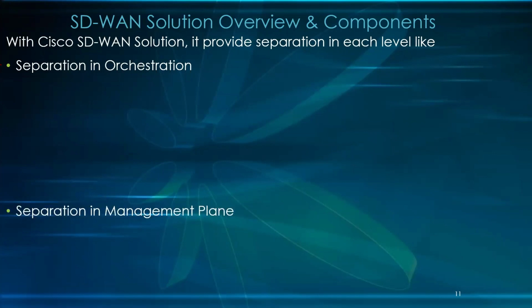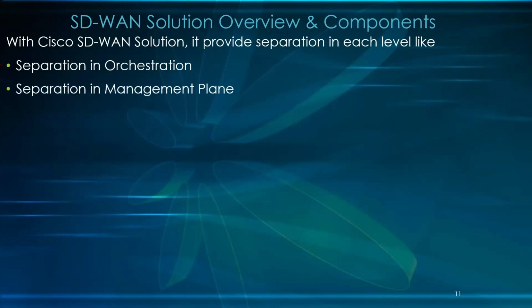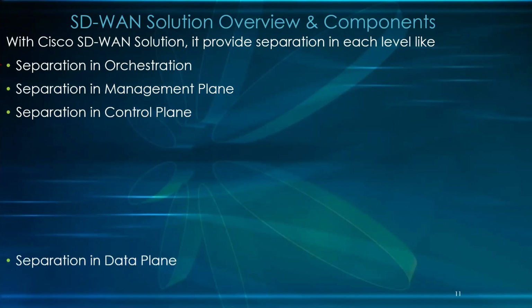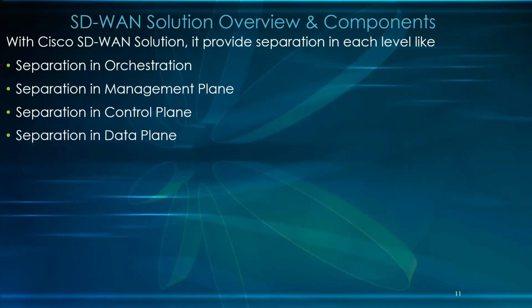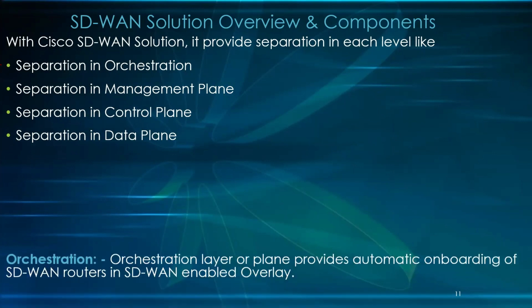So separation in the orchestration, separation in the management plane. The management plane is the one which helps manage the infrastructure, right? Separation in the control plane and separation in the data plane. The control plane is more about how your routing should build up. The data plane is how you forward the traffic. So each of those four planes are separate from each other, meaning that if either plane goes down, the data traffic will remain up.